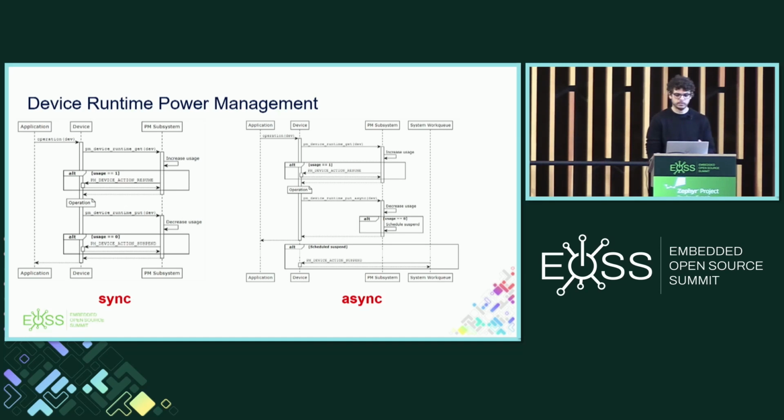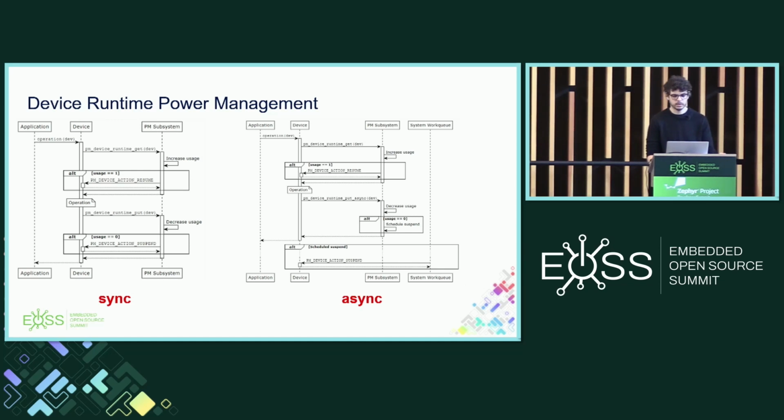As I have mentioned, there are synchronous and asynchronous ways to do device runtime power management. Let's start with the simplest case, when everything happens synchronously. In this example, we assume that the device is initially suspended.